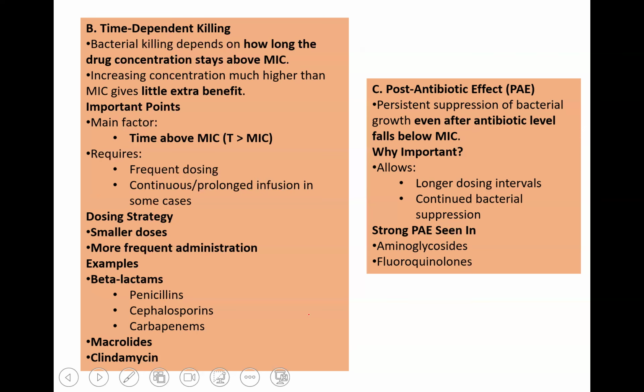The main factor is time above the minimum inhibitory concentration, and we need frequent dosing here because we need to maintain the therapeutic range above the minimum inhibitory concentration. Otherwise, we have to maintain a continuous prolonged infusion in some cases.